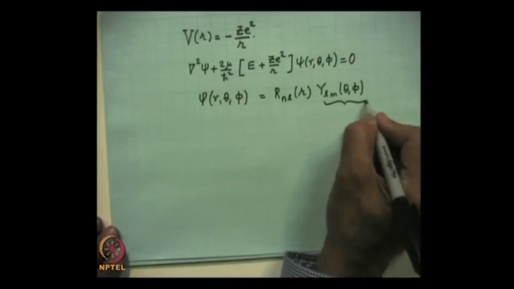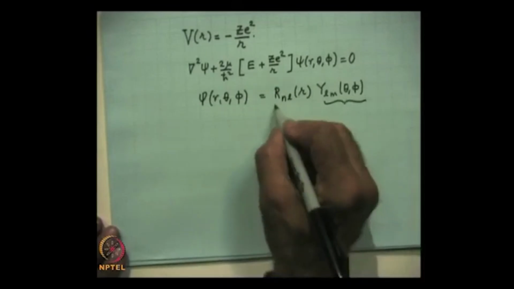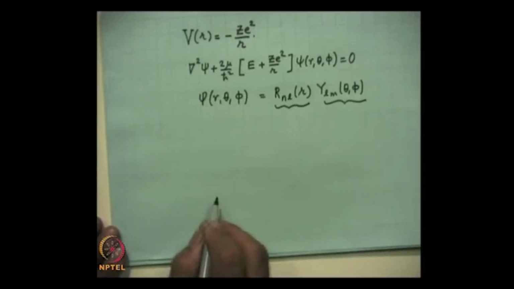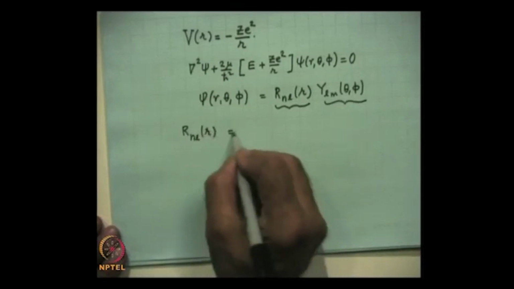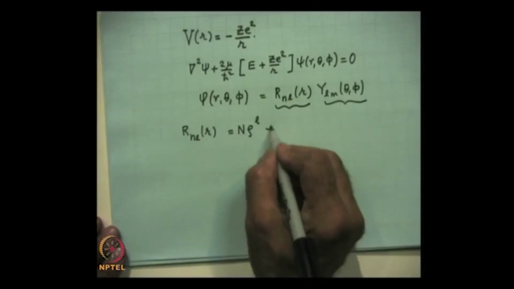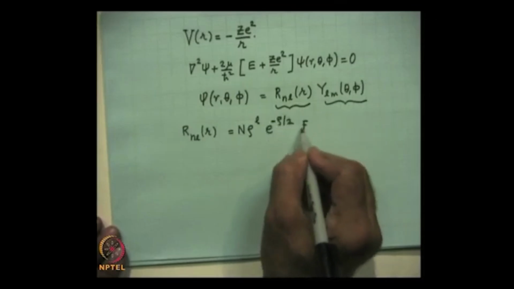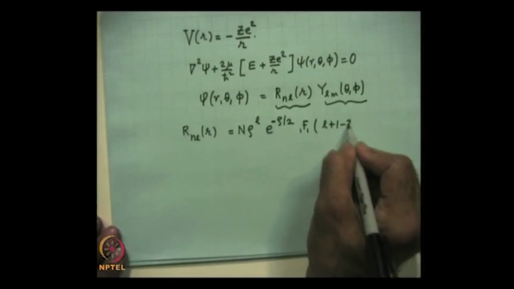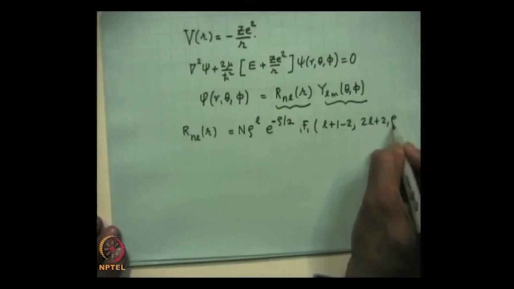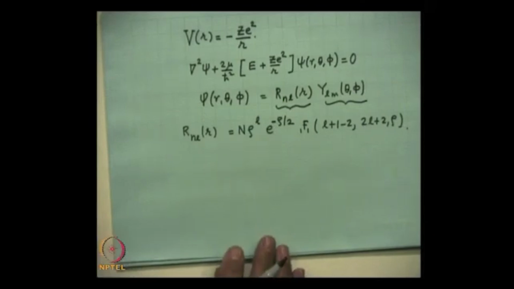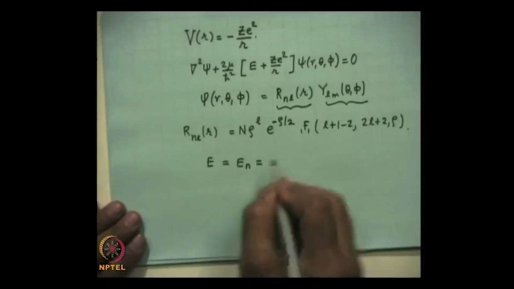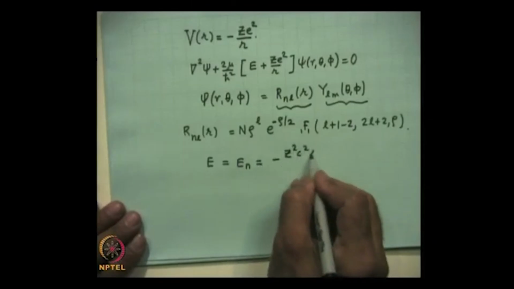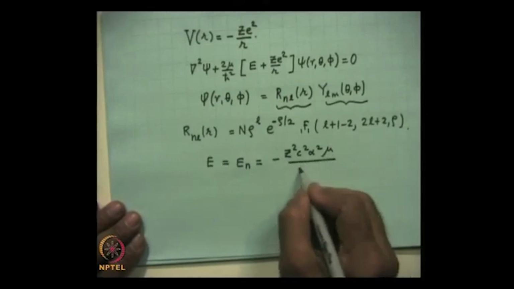These are the spherical harmonics, and this is the radial part of the wave function, and the radial part of the wave function R n L of r is equal to n rho to the power of L e to the power of minus rho by 2 1F1 of L plus 1 minus n, 2L plus 2, rho, and we have already discussed this. Finally, the energy eigenvalues are E n equal to minus Z squared c squared alpha squared mu by 2n squared.